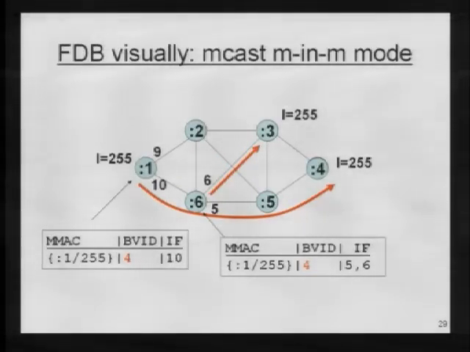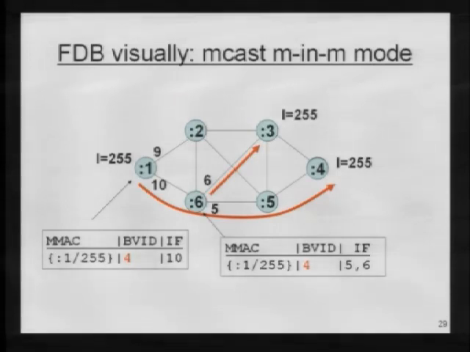Here's that same little 6-node network, and I'm showing the shortest path tree, the subset of the shortest path tree that reaches nodes 1, 3, and 4. So I have this little group 255, which has the membership 1, 3, and 4.